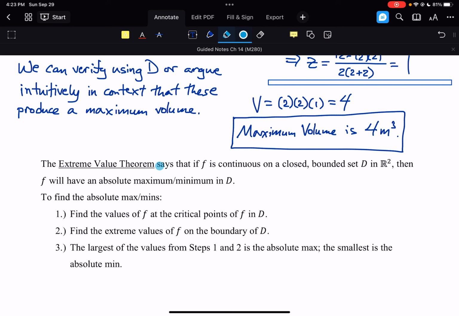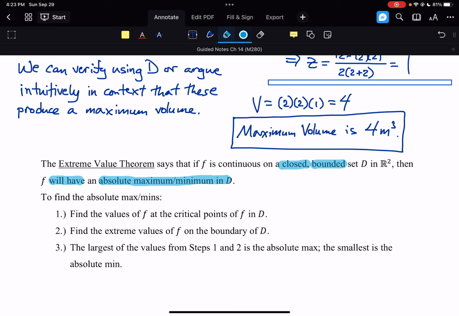The extreme value theorem says that if f is continuous on a closed bounded set D in R2, then f will have an absolute maximum and minimum in D.